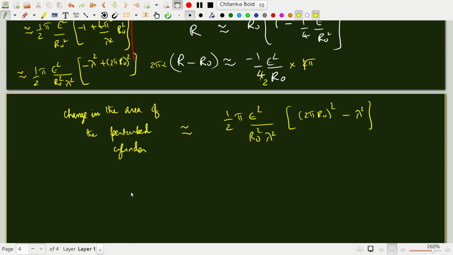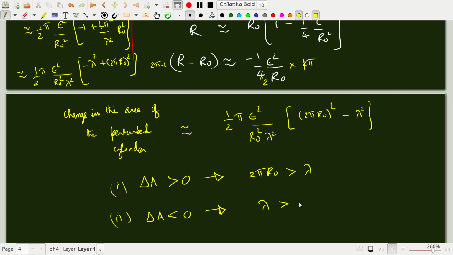Now you can ask the question, when is the change in area, let's call it delta A, greater than 0? It will be greater than 0 when 2 pi r naught is greater than lambda. And the change in area is less than 0 if lambda is greater than 2 pi r naught.